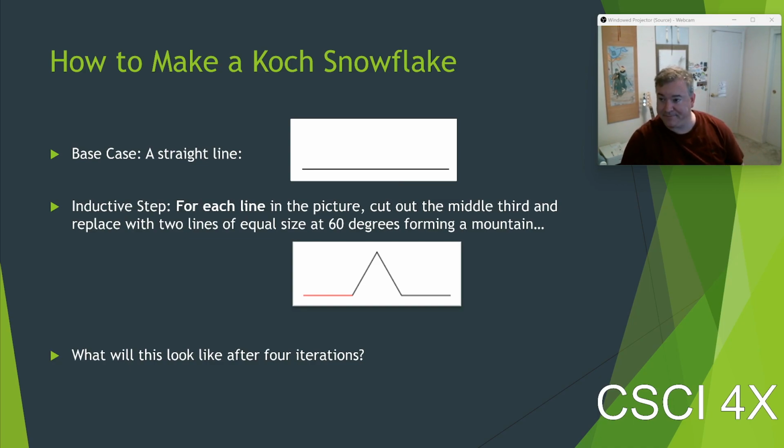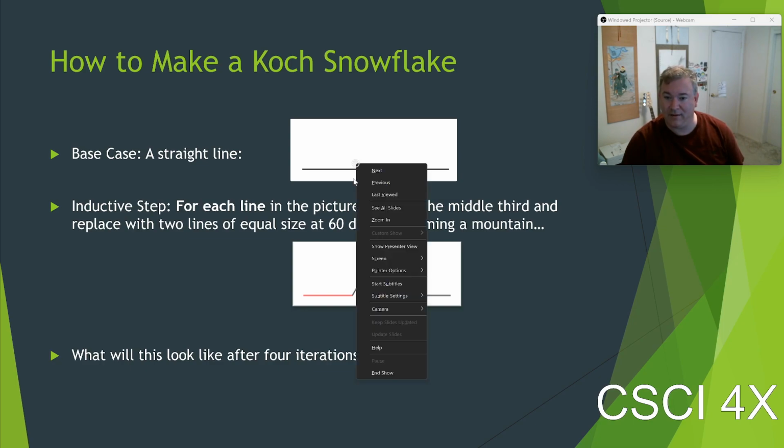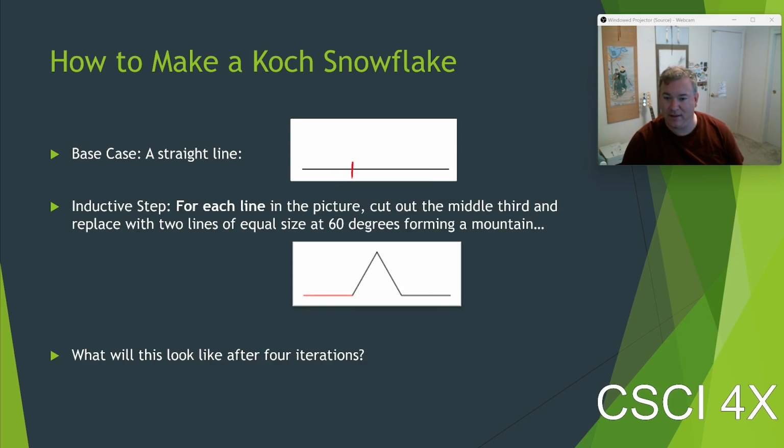Base case is a line like this. And the inductive step, what you're going to be doing repeatedly, is cutting the line into thirds and replacing the middle third with a mountain. Coloring books, exactly. Okay. So after one step, you get this. And then you do this repeatedly.